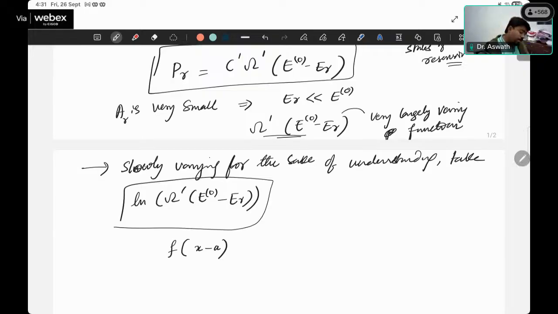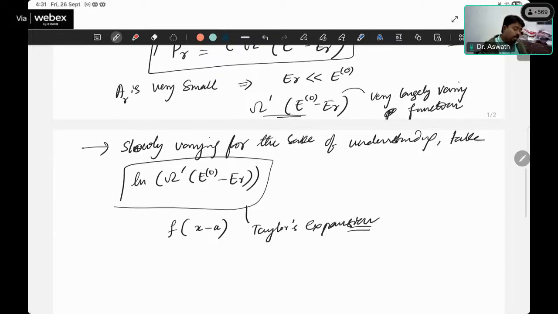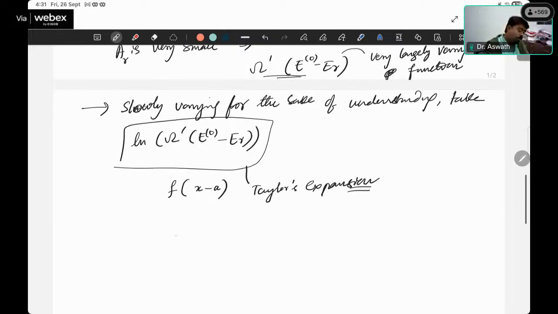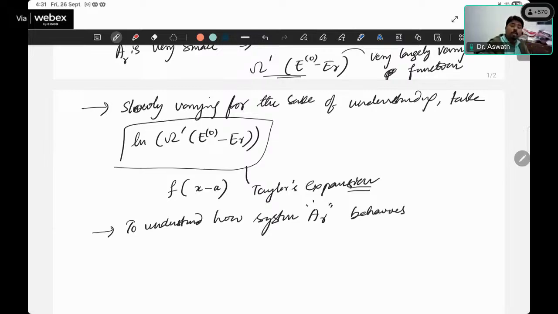So I can do a Taylor expansion, because I want to understand how the system R behaves when it obtains the energy E equal to the overall energy.